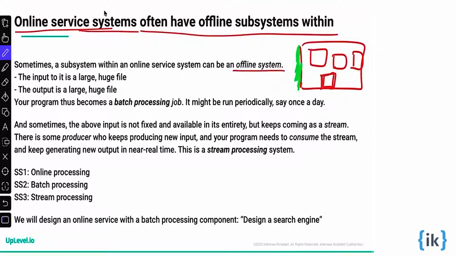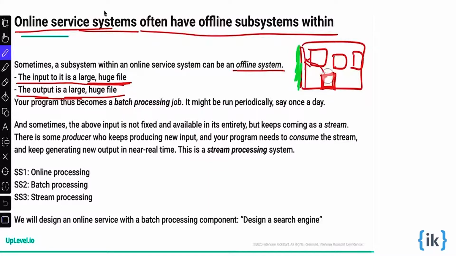And what we mean by that is when you peer inside that box, you might see that the input to the program that is running there might be a huge file, which has been generated across a period of time, maybe a day, maybe a month, and your program runs on that input and it generates a large output file, and that output file is also loaded periodically into some other part of your system which is client facing.